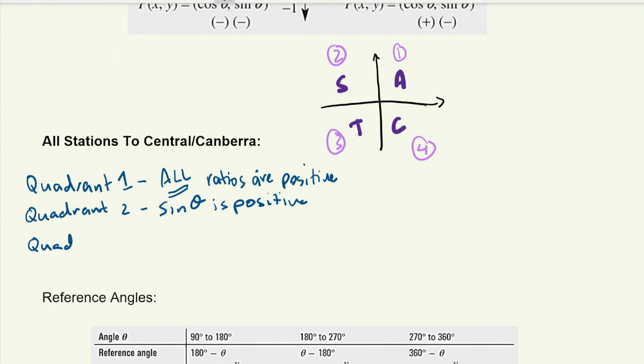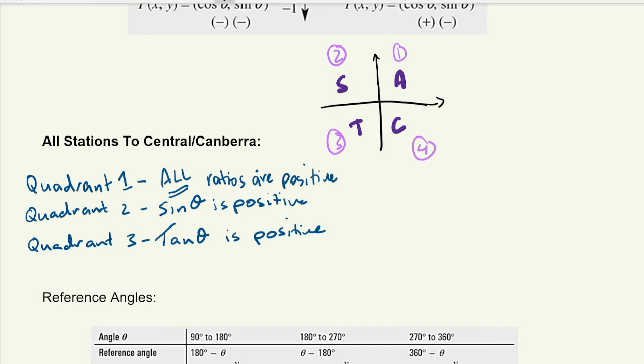In quadrant 3, tan theta is positive. Remembering that tan theta is just sine theta over cos theta, which means that if they're both negative, tan theta has to be positive.